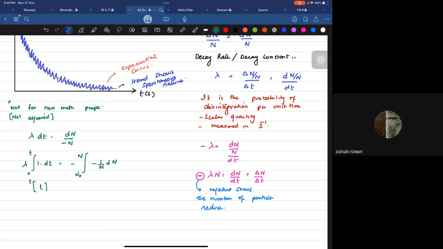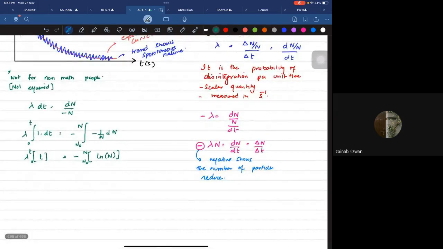You guys agree? And this one will have from N to N naught, it will be ln because there's a function down of the same derivative. So we're going to bring N here. So that means that t0 will be 0, so this will be lambda t equals to minus, then you put the limit, so one limit will be ln N minus ln N naught.